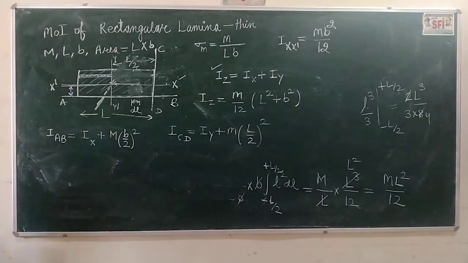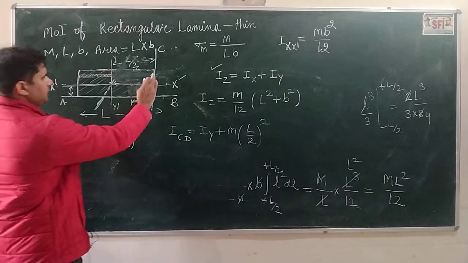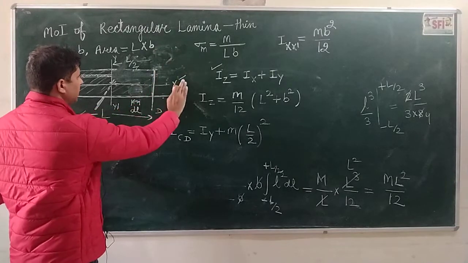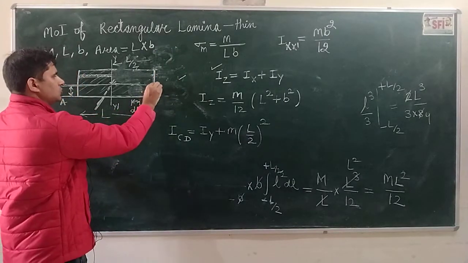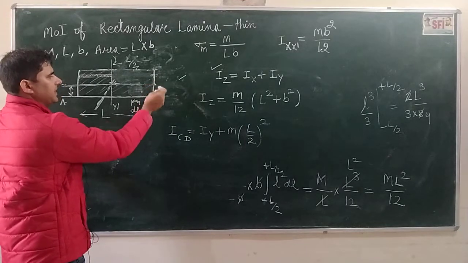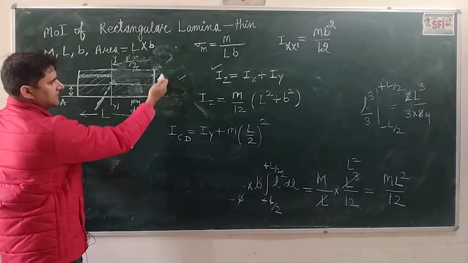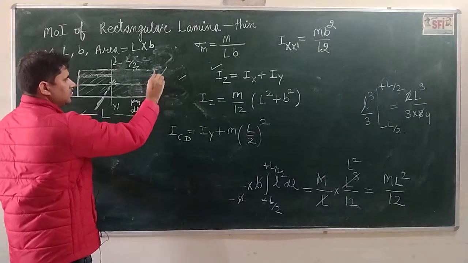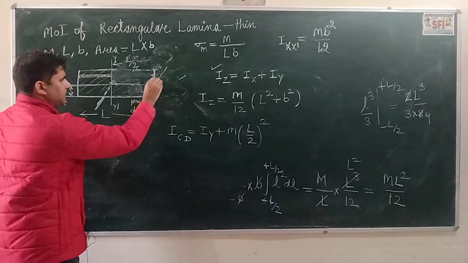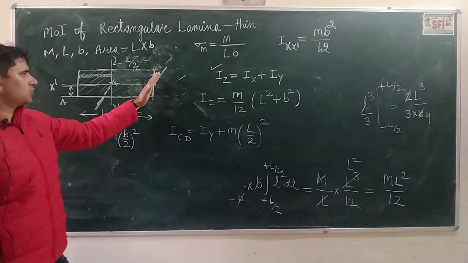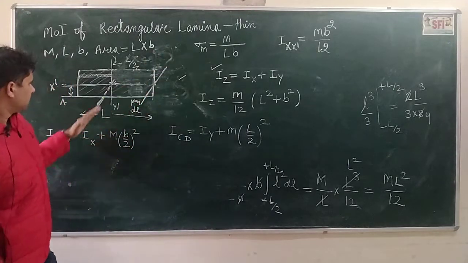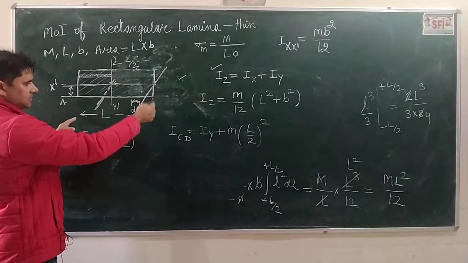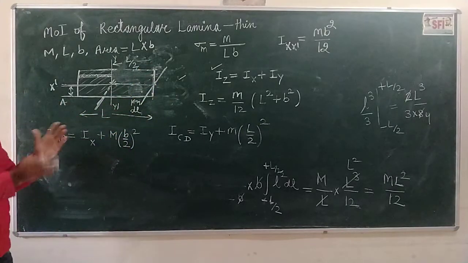Okay, let us do one more case. If we have an axis which is passing through the mid of the breadth and perpendicular to the plane of the lamina; AB and CD, these axes are in the plane of the lamina.